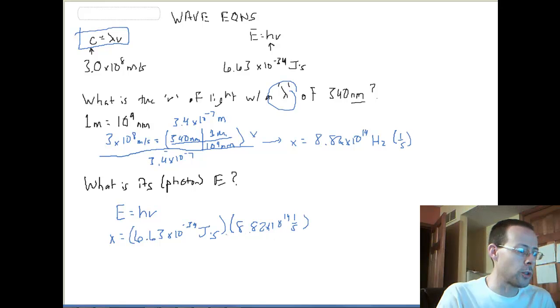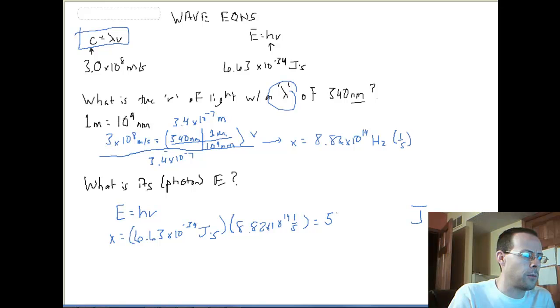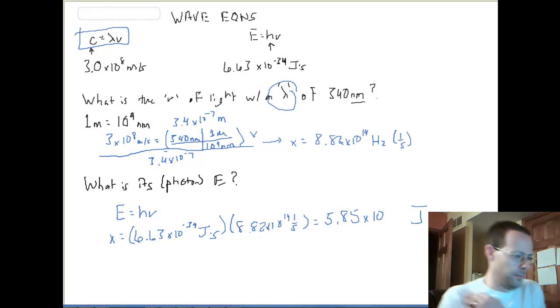So if you multiply joule seconds over seconds, our seconds are going to cancel and we'll be left with joules, which makes sense because that is how we measure energy. Alright? So I'm going to put a J over here. When we do that math, we get 5.85 times 10 to the negative 19th joules.